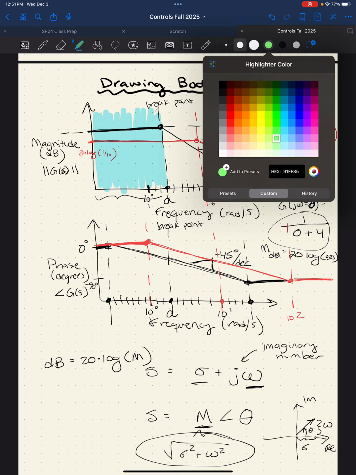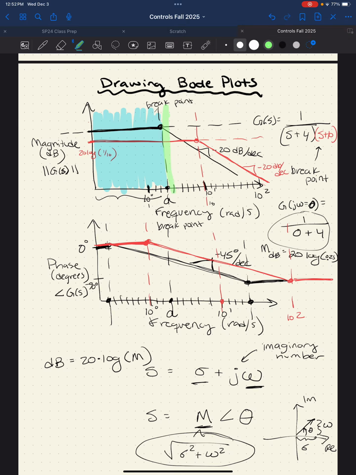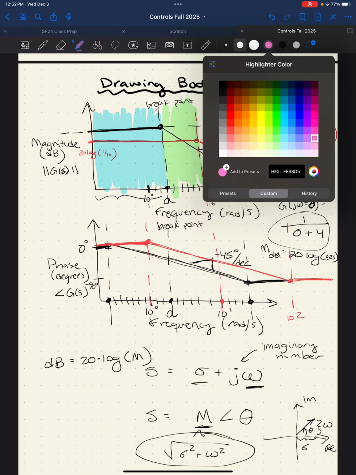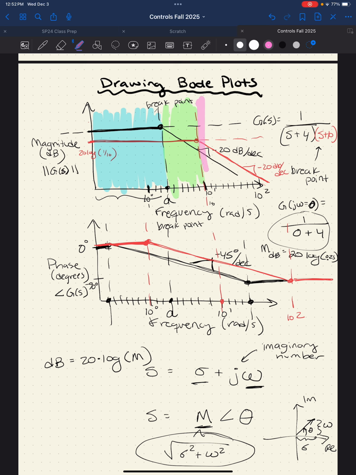When I'm in this region, one is a constant minus 20 decibels per decade, and the other is a constant 0. And then the last section is here, where they both have a minus 20 decibels per decade. So I'm going to analyze each of these sections separately.